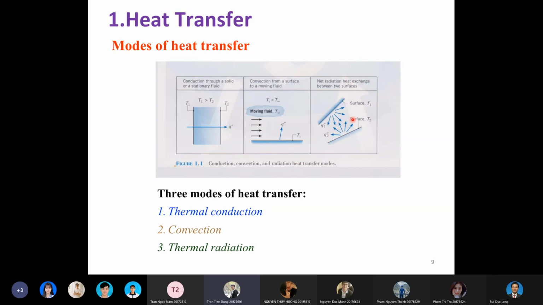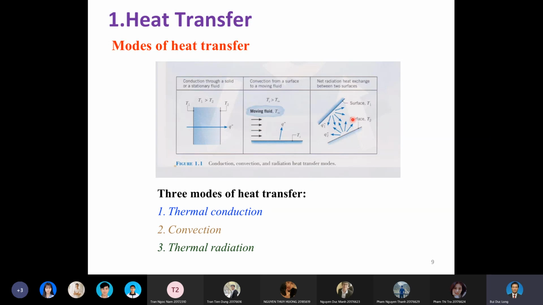I think it's thermal radiation. Okay, so the skin is like something burning, right? Yes. Okay, thank you.